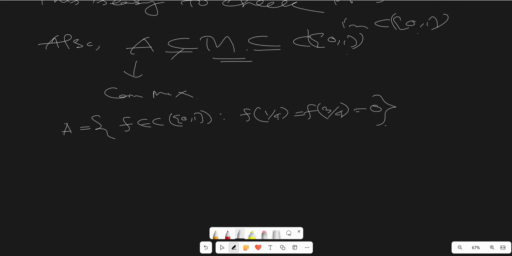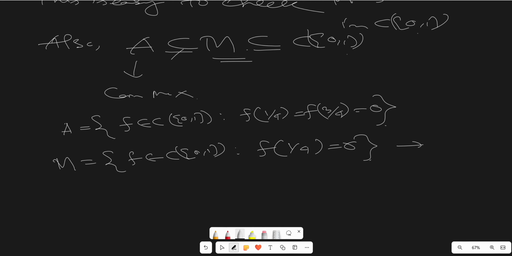It is vanishing at exactly 2 points. And what you have defined as M is all those functions f inside C01 such that f of 1 by 4 is 0. So you can verify A is an ideal. At least you can show that this is an ideal. Verify, this is very easy to show.